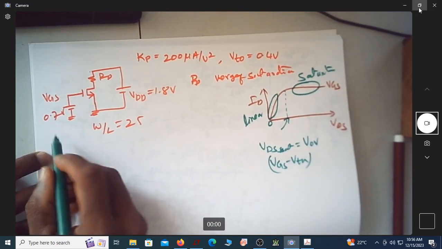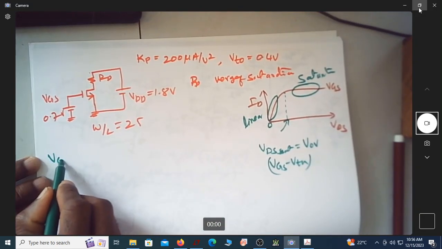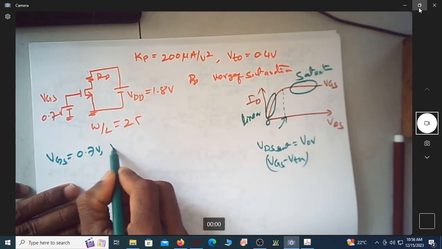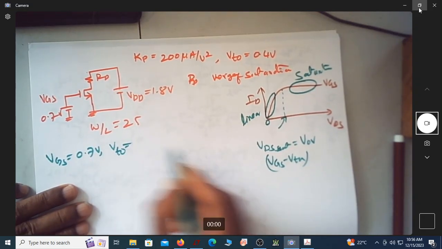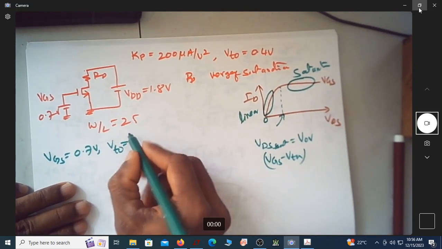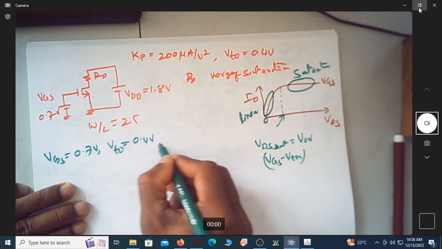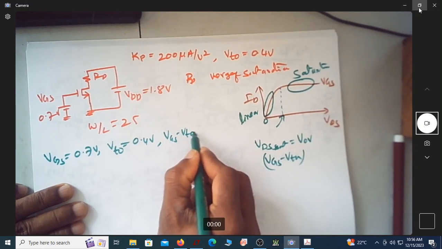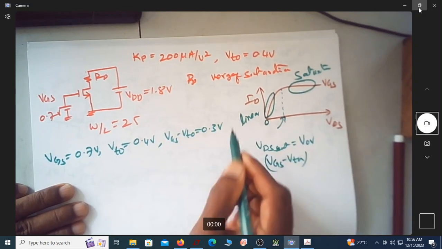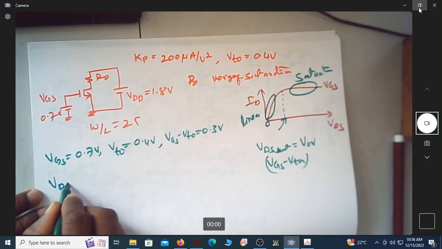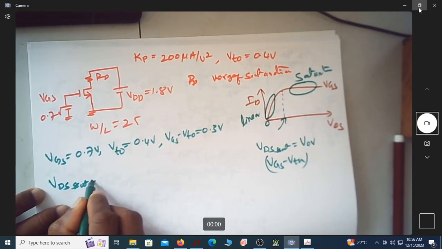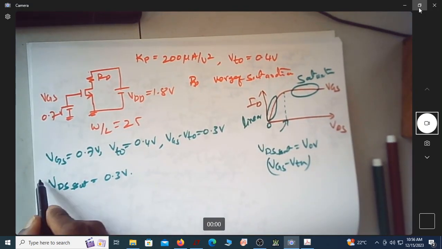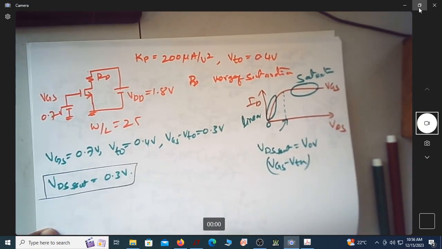Now coming to this VGS, we know VGS is given as 0.7 volt, and VTO also we know, because VTH and VTO both are same. It is 0.4 volt. So naturally VGS minus VTO is equal to 0.3 volt. So VDS sat is equal to 0.3 volt. This is one observation from the circuit diagram.